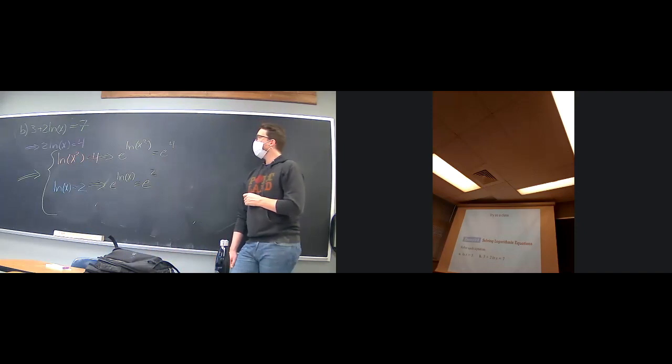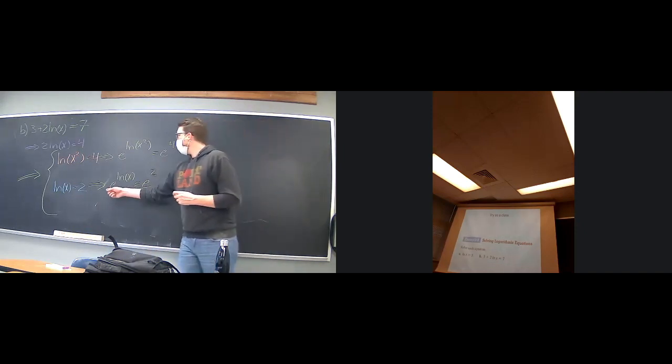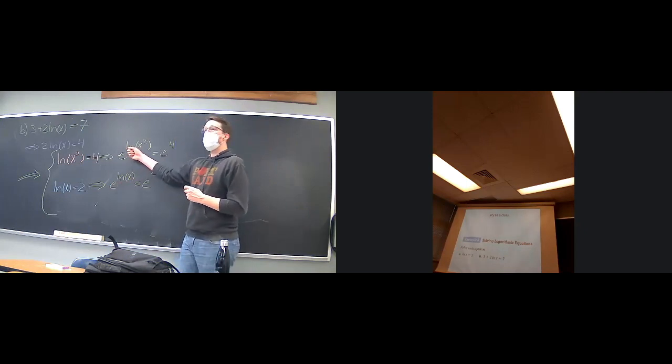Same thing down here. e raised to the ln of x is equal to e squared. And the only reason we did this is because taking e to the ln of something will get rid of that ln, right? So all you're left with is that something.